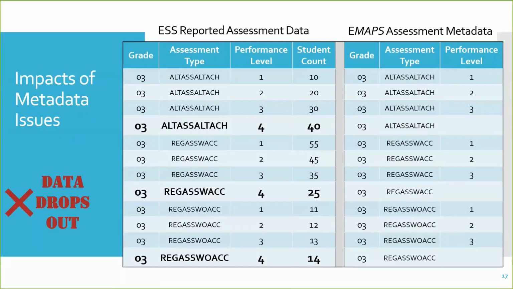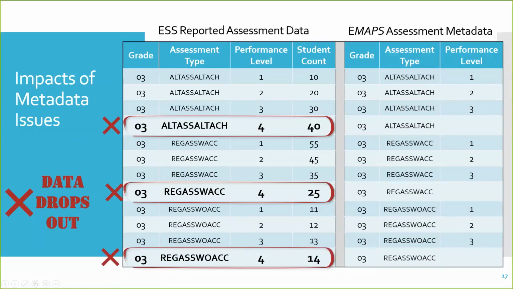In the EMAPS assessment metadata for grade 3, for all of those assessment types, the state has only provided 3 performance levels. And so in this case, the counts that were reported for performance level 4 would be dropped out when proficiency rates are calculated.